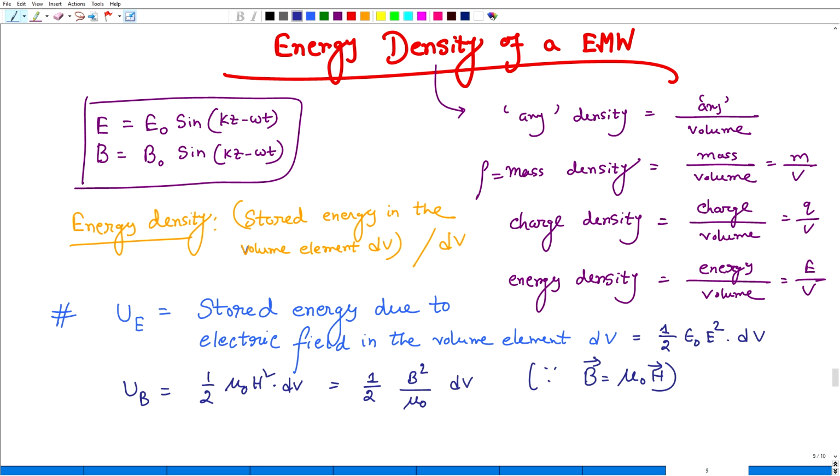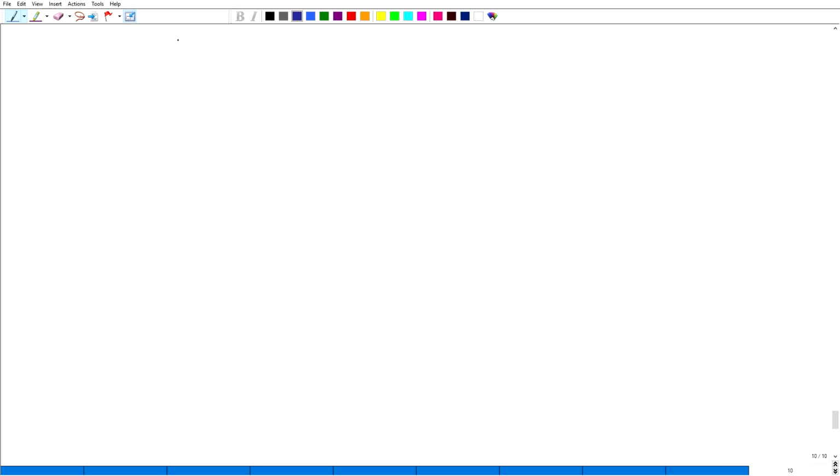So, UE and UB is clear. Let me again write: UE is half epsilon naught E square dV and UB is half B square by mu naught dV.